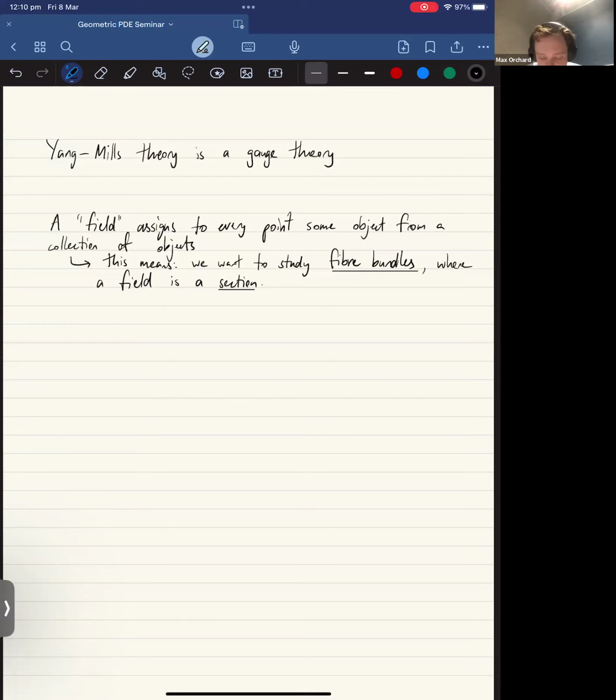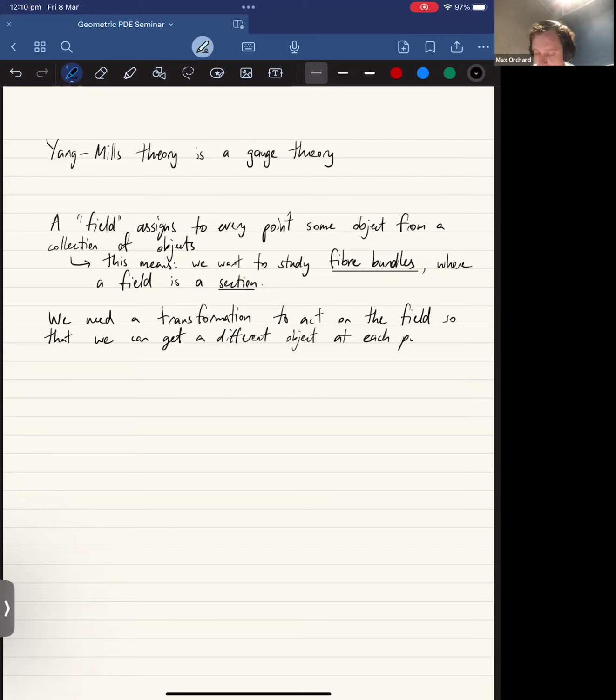So we need a transformation to act on the field so that we can get a different object at each point.